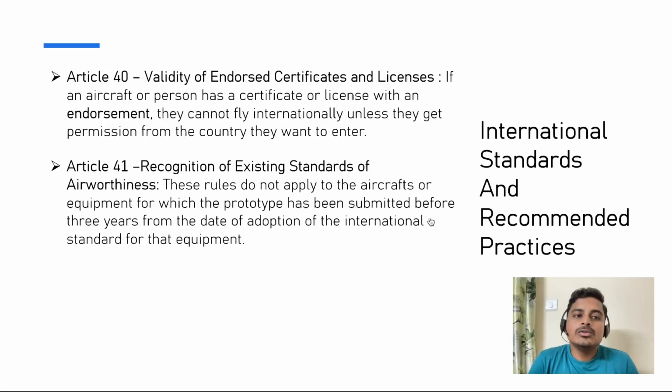So all these rules that we discussed, the validity of certificates, licenses and so on, do not apply to aircraft or equipment whose prototype was submitted within 3 years from the date of adoption of these standards, right? So within that range, whatever prototypes were submitted, these rules are not applicable to them.